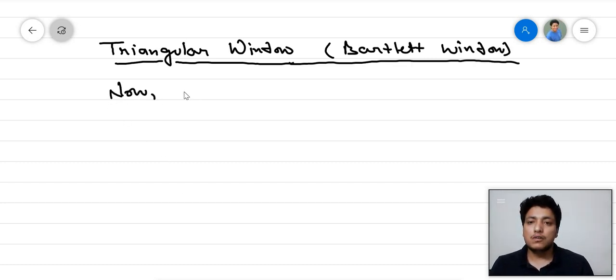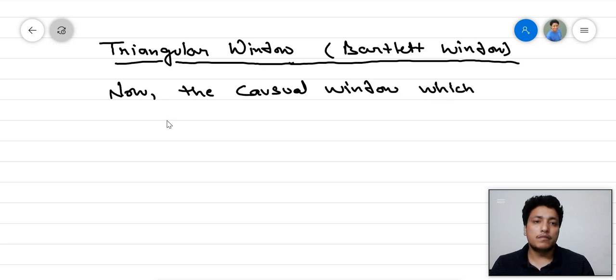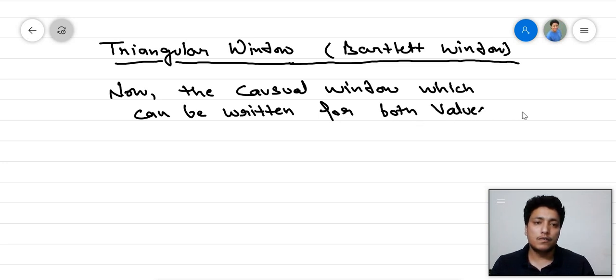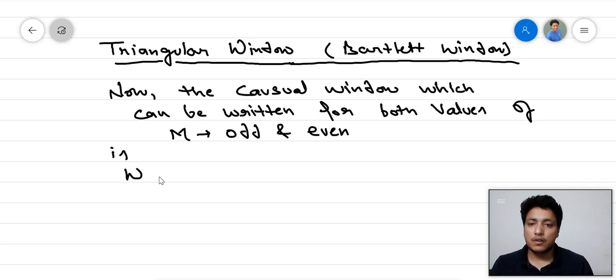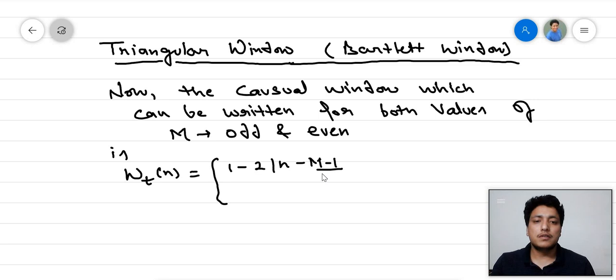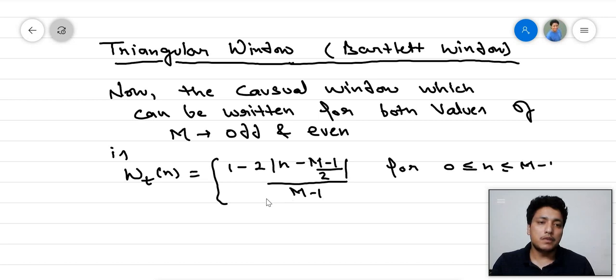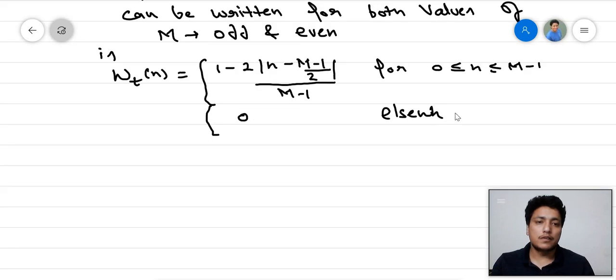Now, the causal window, which can be written for both values of M, odd and even, is w_T(n) equals 1 minus 2 times the modulus of n minus (M minus 1) by 2, over M minus 1, for n equals 0 to M minus 1, and 0 elsewhere.